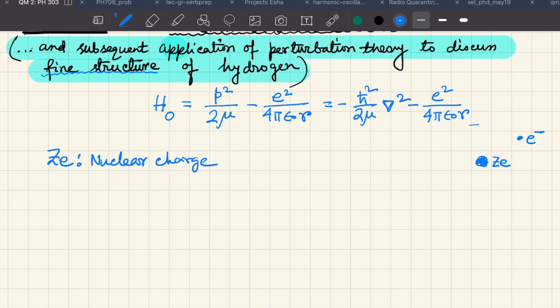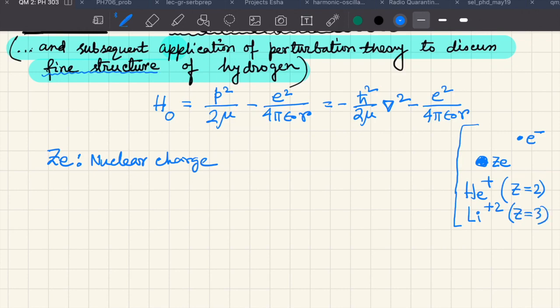So where can we get this scenario? We can get this physical scenario when we are considering ions such as helium plus, which is for Z equal to 2. You can also think of ions like lithium 2 plus, which is for Z equal to 3.